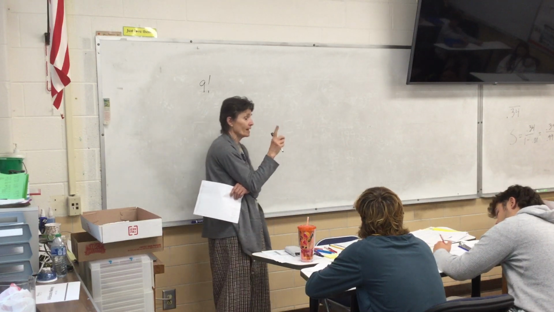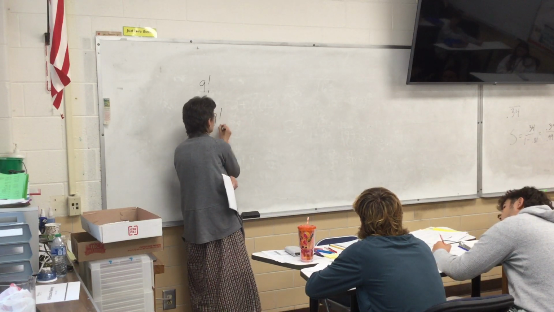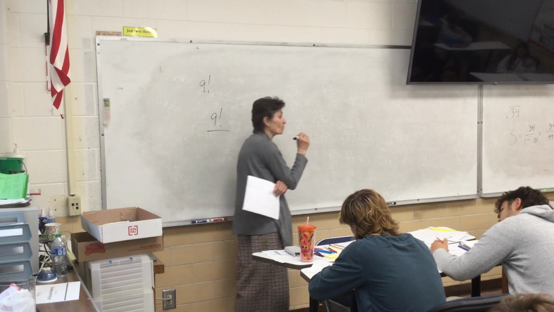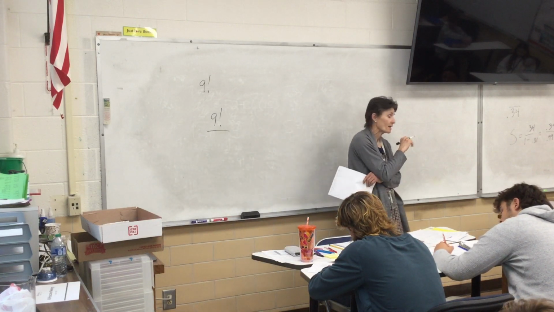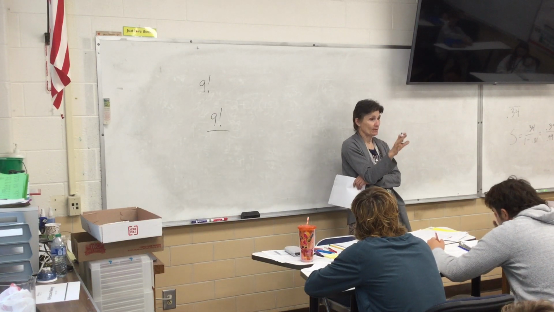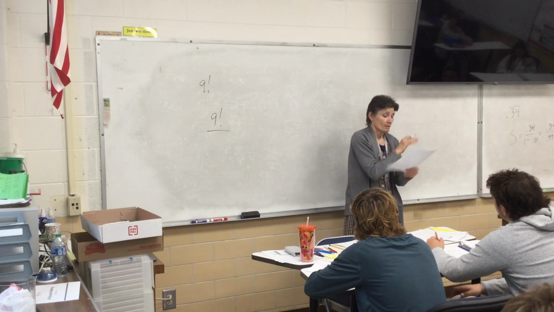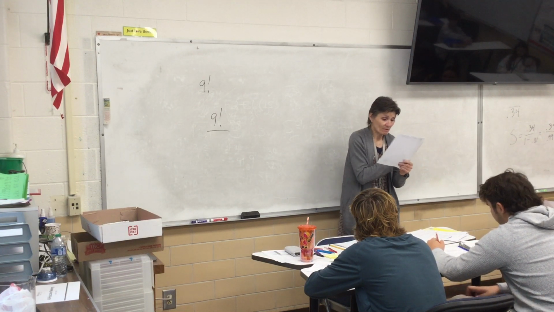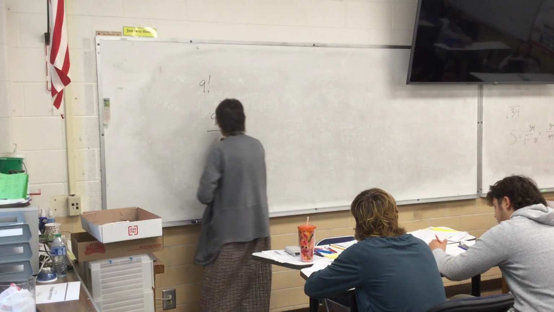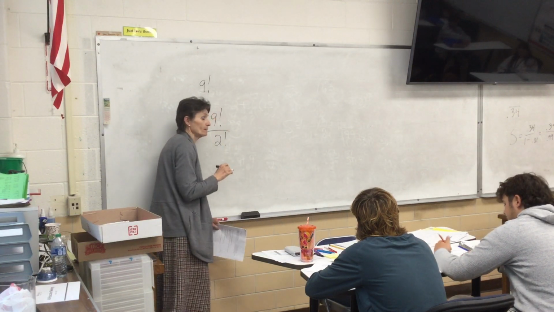There are 9 letters to be arranged. So we start with 9 factorial. I don't care that some of them are duplicated, doesn't matter. There are 9 letters. There are 2 T's, is that what we've got in this word? So I'm going to divide by 2 factorial.